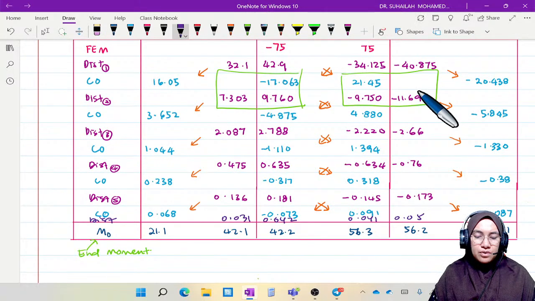So it is 42.1 plus another 0.031, so we get 42.131. Okay, and then 42.2 plus 0.042, 42.2.